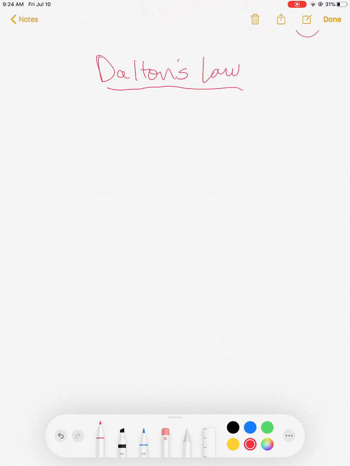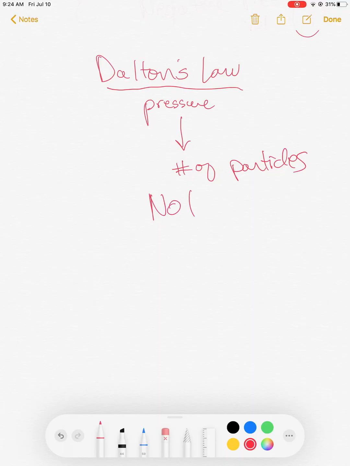Now, the beauty of Dalton's law is that you can add pressures of different gases together to get the total pressure. And that's because pressure depends only on the number of particles, not what they are, not the identity of those particles.